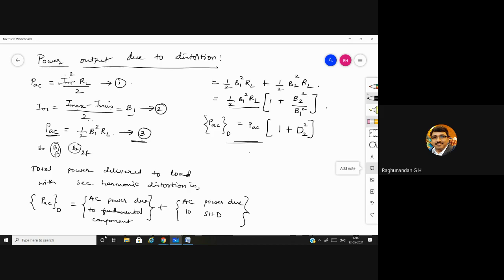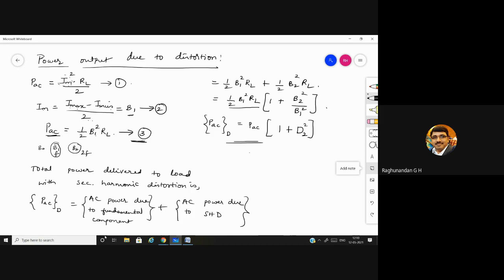These formulas and equations we will be using in problems. They will ask you to find the total power, power output due to distortion, and so on. If the question gives B0, B1, B2, B3, B4, then B2 by B1 is for D2, B3 by B1 is for D3, and B4 by B1 is for D4.